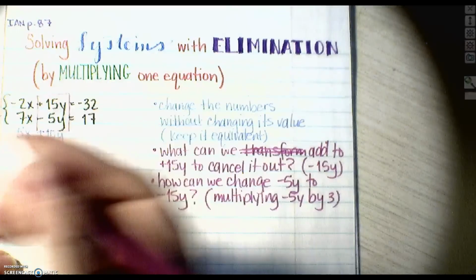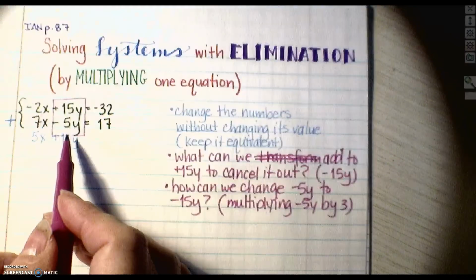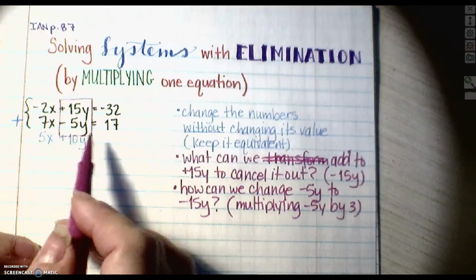If we're going to multiply this negative 5y by 3, what do we have to do to keep the equation equivalent? We have to multiply the whole equation by 3.